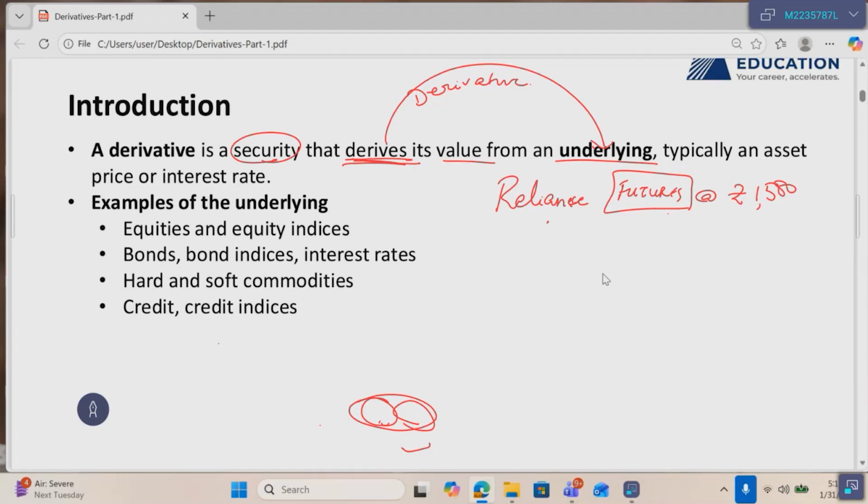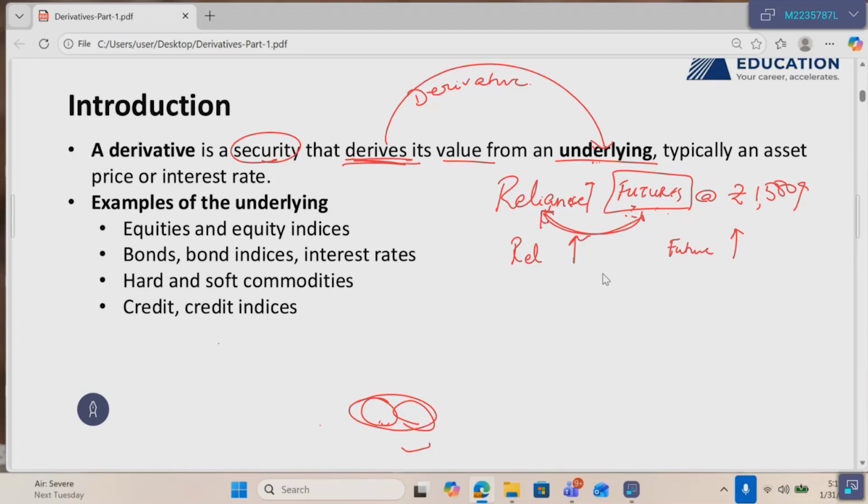Now, if the Reliance share goes up, then this future, which is a derivative contract, will also go up because this contract is dependent on the underlying share. As this value goes up, this value goes up; this value is derived from that value. Therefore, this is called a derivative of Reliance shares.